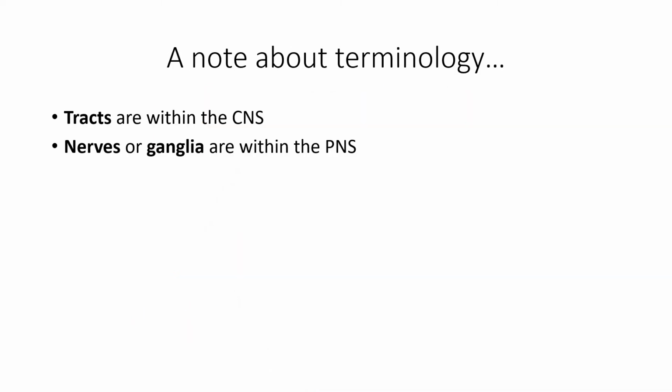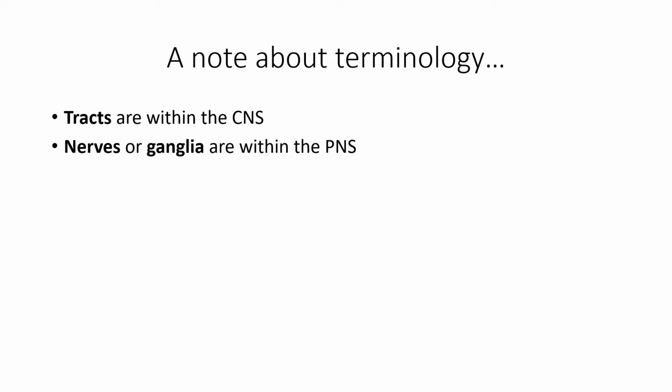At the very bottom of your page, let me draw your attention to some nerve names. Now, this is a great helpful clue. When you see a tract, olfactory tract, optic tract for instance, the implication here is that we're talking about the central nervous system. If, however, you see the word nerve or ganglion or ganglia attached to it, then your assumption is that it is in the peripheral nervous system.